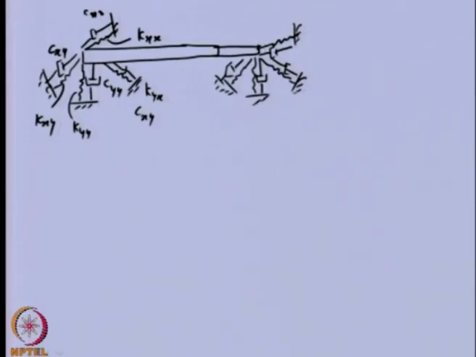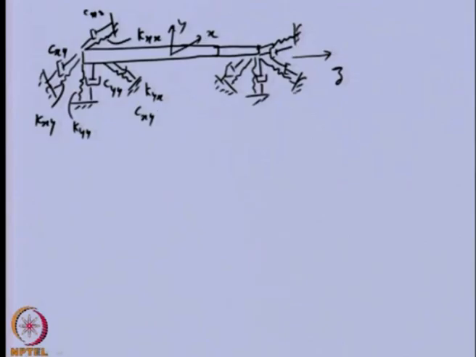So, basically in this particular case I am representing, because now I am using the x, y, z coordinate system, the z axis direction, and we have y and x in this direction. These stiffness and damping terms give the fluid film forces in the x and y directions.